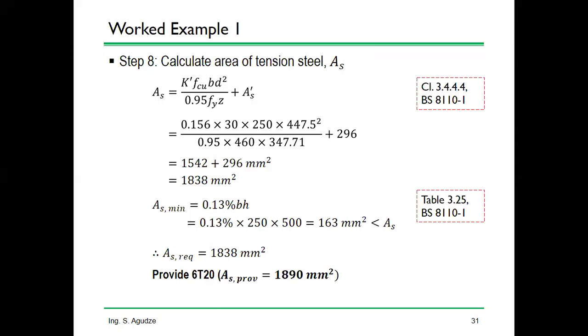From the formula, K prime FCU b d squared all over 0.95 FY Z, plus AS prime. Let us take very key note of this formula. In this formula, the AS prime here is the one you calculated, not the AS prime required, because sometimes the AS prime required may not be what you calculated.